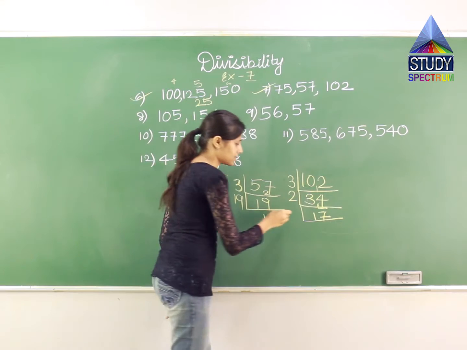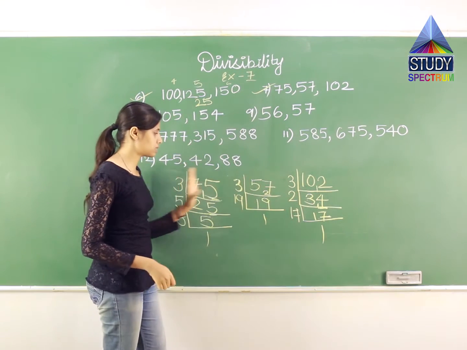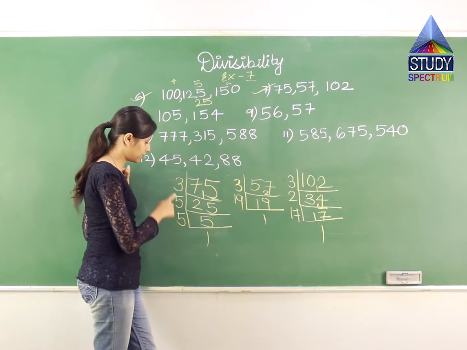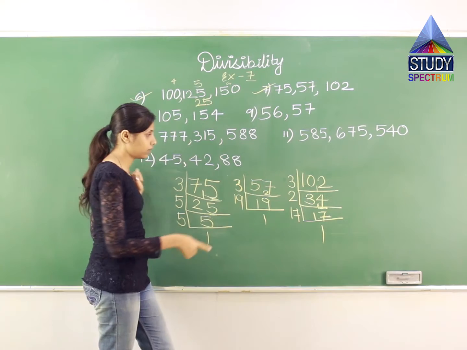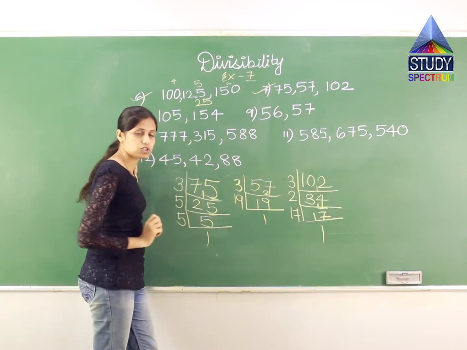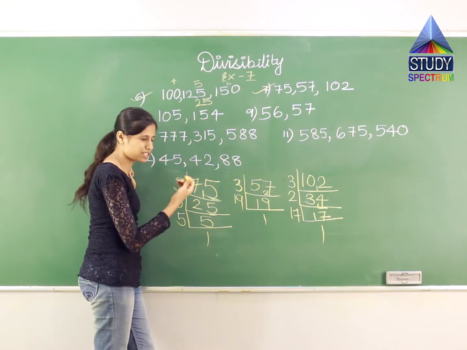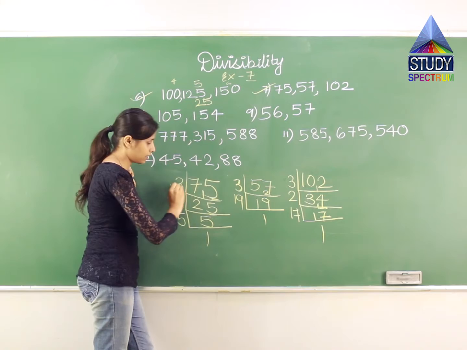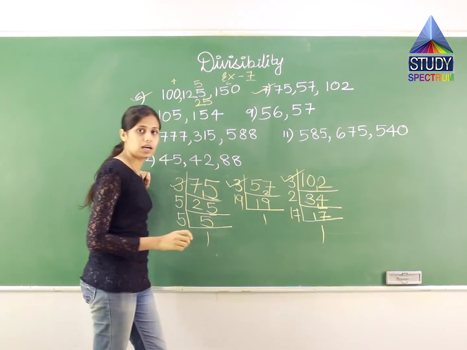So I can say that 17 ones are 17. So these are the possible factors. That is 3, 5, 5, 3, 19, 3, 2, 17. Tell me what is the greatest common divisor over here, or greatest common factor. 3 comes over here, 3 comes over here, and 3 comes over here also.